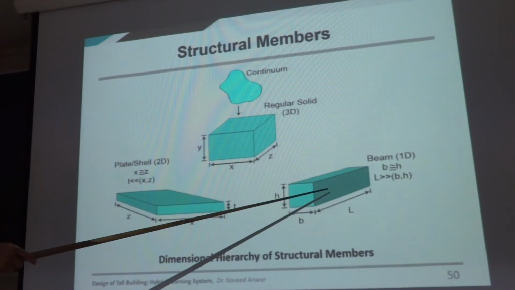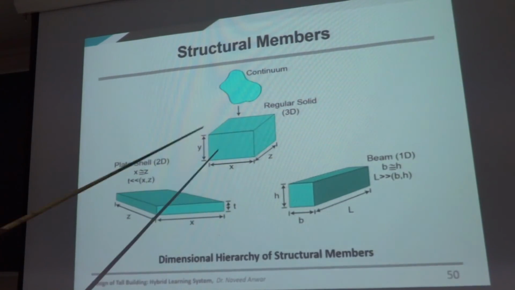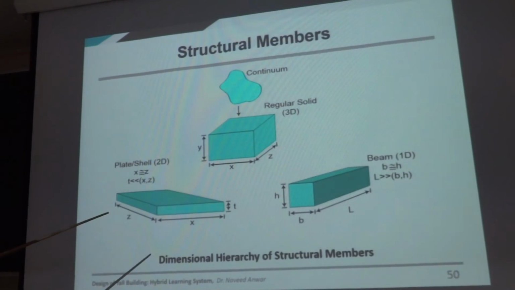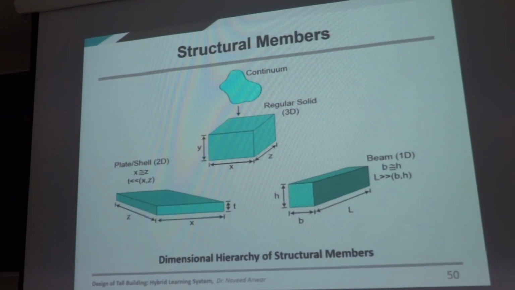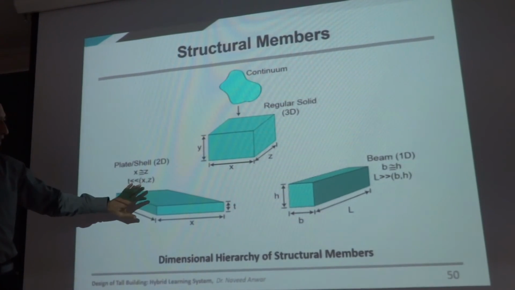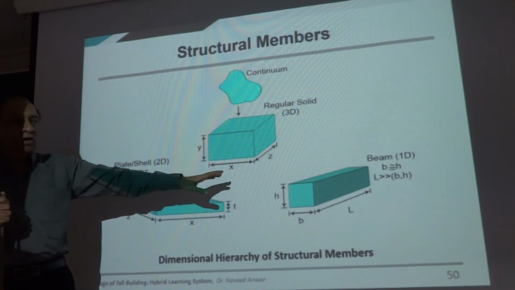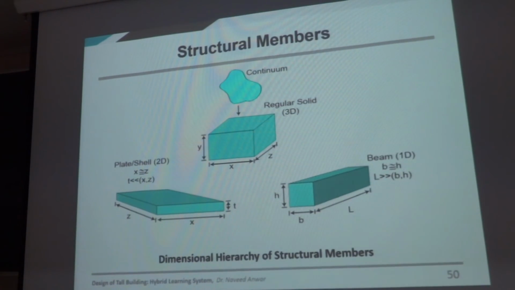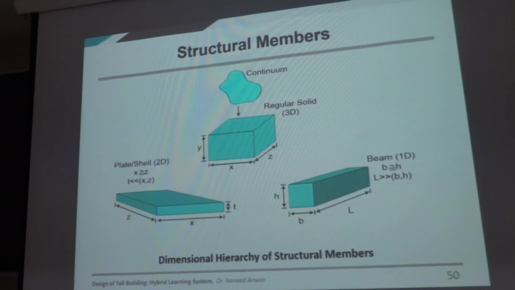So line element, area element, volume element. That's it. We basically have these three options of discretizing our structure: solid elements, plate shell membrane elements, or beam type elements. That's it. Can you think of another one?